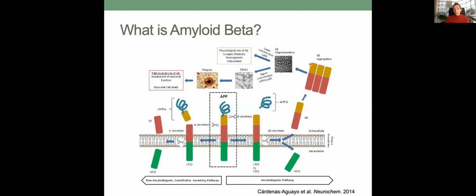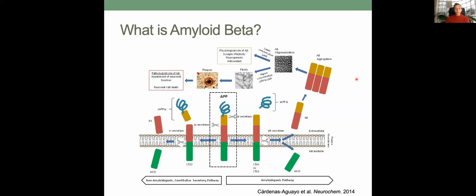Amyloid beta then aggregates, and the tricky part is that we need amyloid beta. We need to have this in order to lead to these physiologically good functions of amyloid beta, leading to synaptic plasticity, neurogenesis, and even working as an antioxidant.